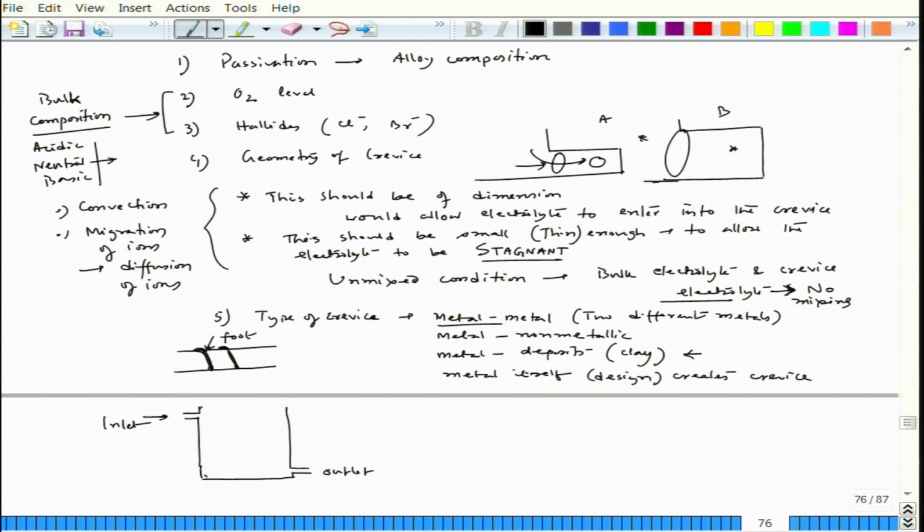Now, there could be possibility that this pipe has gone inside. Okay. So, there is a small pipe which is entering into it. Here also there could be possibility that this pipe has entered into the tank, and let us say the pipe composition and the tank metal composition both are same. So, no galvanic corrosion, but here it is interesting, there are a lot of crevice portions. For example, let me just pinpoint those crevice parts.